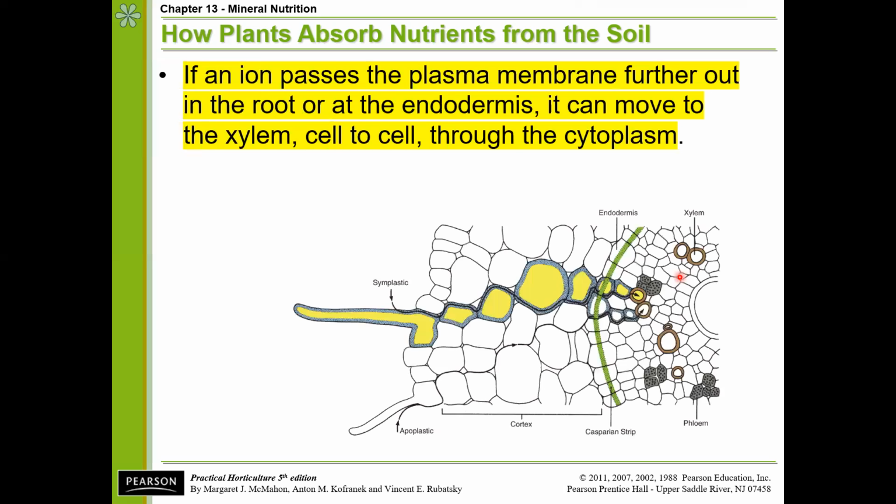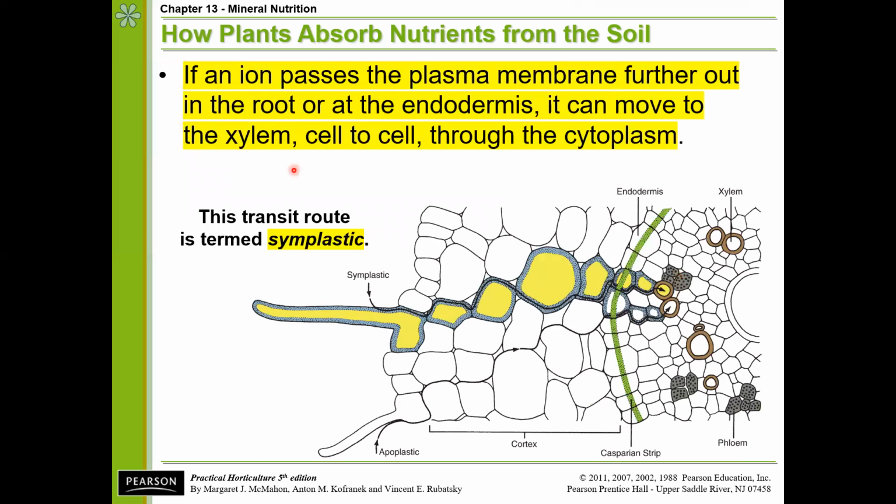So if an ion is passing through this membrane, then it's got to pass through the xylem, cell to cell, through the cytoplasm, and that's the symplastic movement. And so again, just know that particular nutrients have particular ways that they're moving through, and pathways for uptake and movement. And if those pathways are interrupted somehow by some sort of dysfunction in the plant, then that's where we get issues.